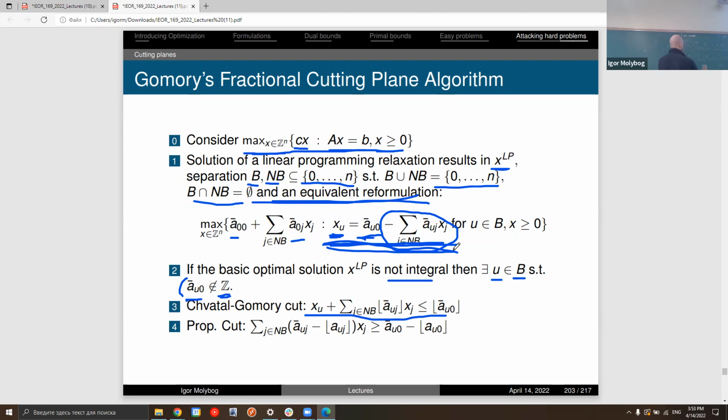Then we just say that this part on the left is always integral, and the right hand side is not integral. Therefore, xu plus the summation over j in N of the flooring of a bar uj xj is less than or equal to the flooring of a u0.